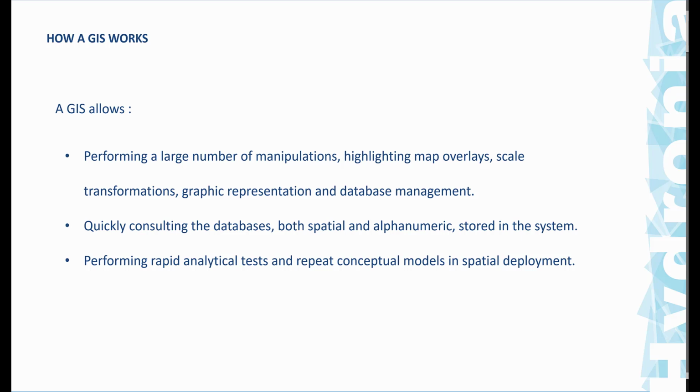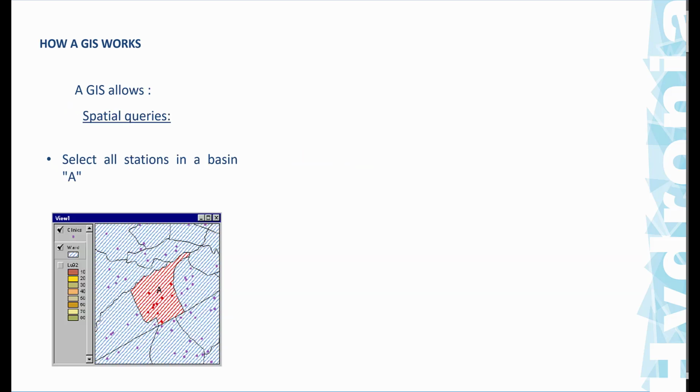It also allows quick retrieval or consultation of both spatial and alphanumeric data. Also, being a database, you can establish a relationship between the attribute tables of the different layers and form an information system through which analysis and queries can be made beyond a simple spatial association.